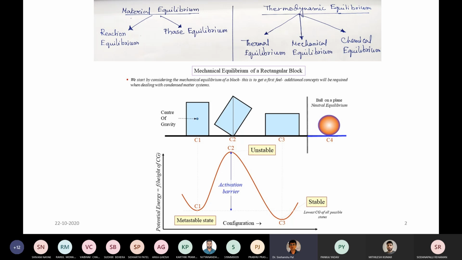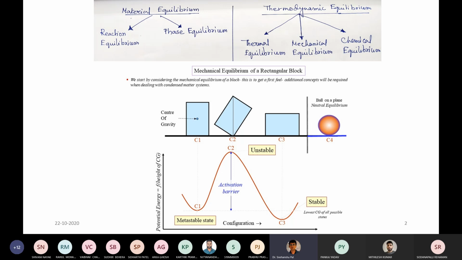Again, I am repeating: material equilibrium tells you that the number of moles of each substance in the closed system remains constant with time.